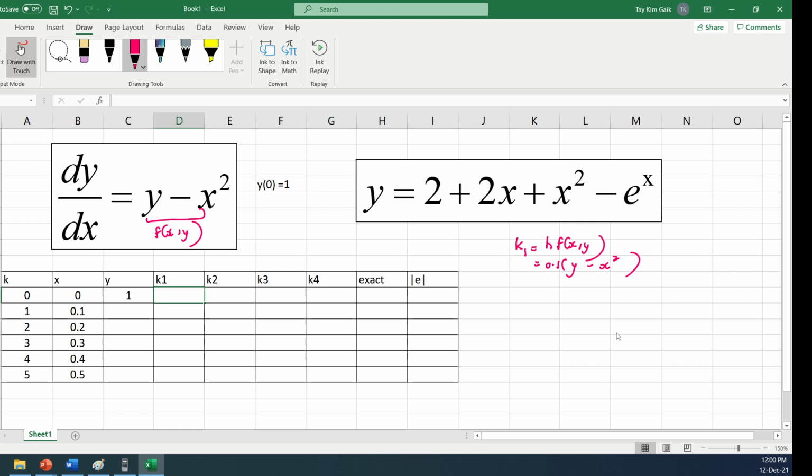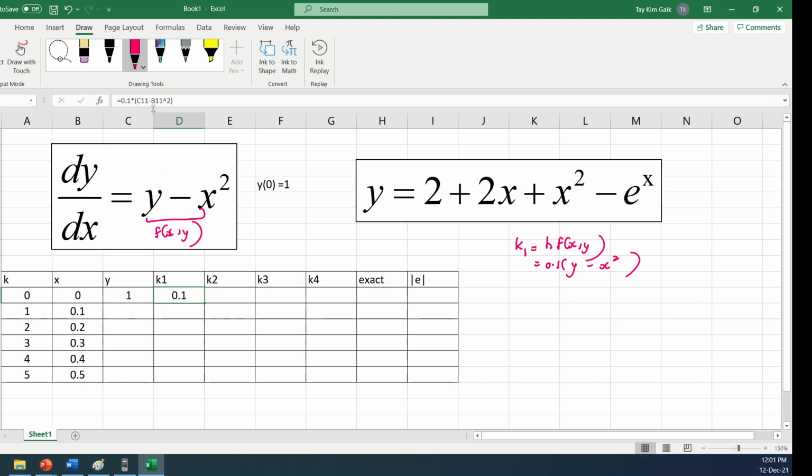So I'm going to go into the cell K1, when x equals, K equals 0. So I have 0.1 multiplied by, when K is 0, y, and then minus x squared.